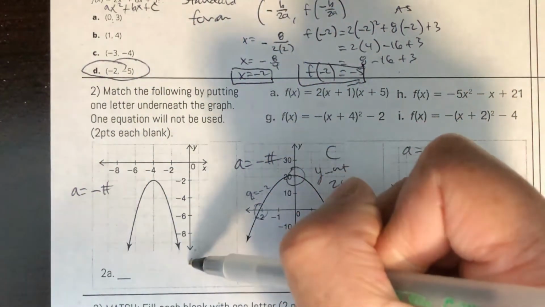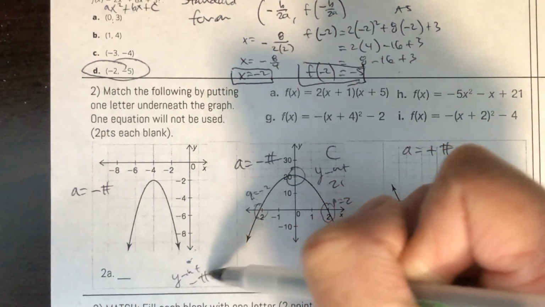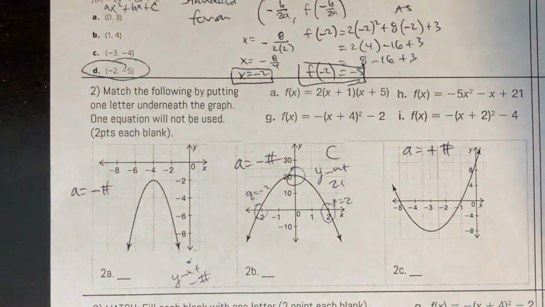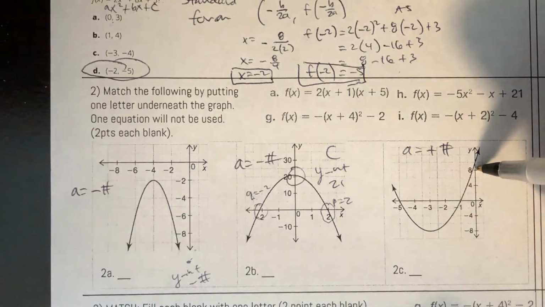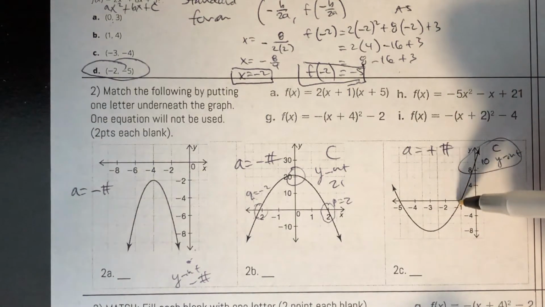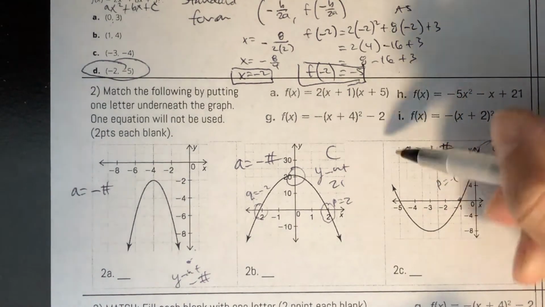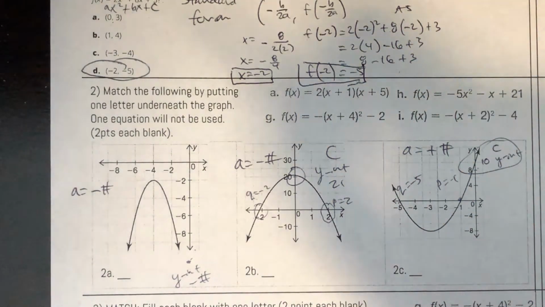Here I'm going to probably say my y-intercept is a negative number. This one is counting by 2, 4, 6, 8. So this would be 10. So I have a y-intercept of 10, so that's a c value. And then I have a P value that's negative 1 and a Q value that is negative 5. So there's a bunch of information I can get from the graph, so let's go through those.